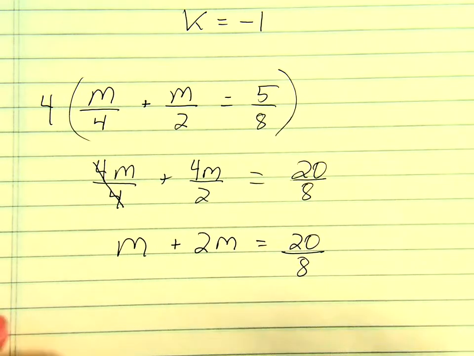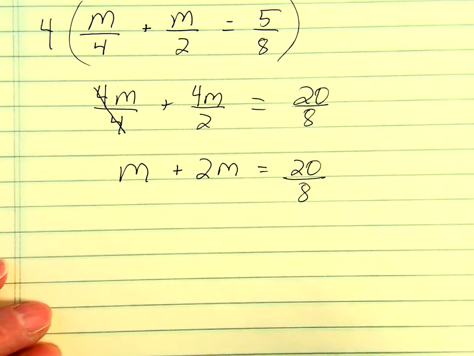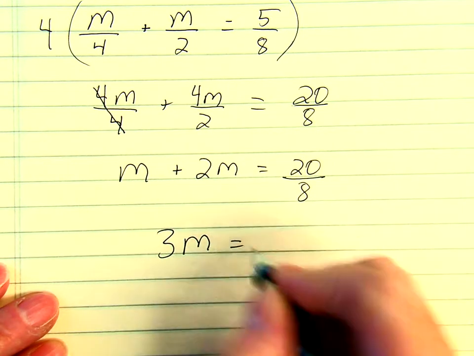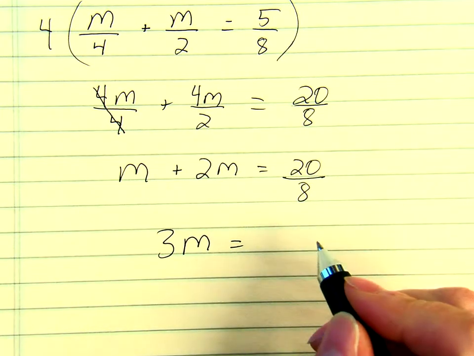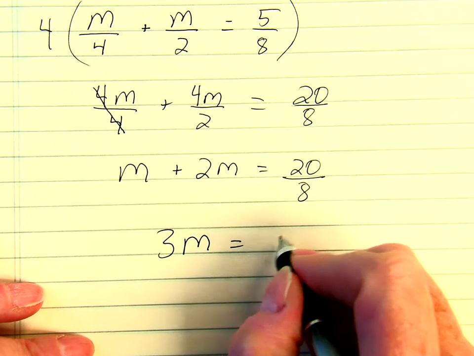We will take care of the improper fraction in just a moment. Okay, this becomes 3m equals, and well, we can certainly leave this as 20 over 8.